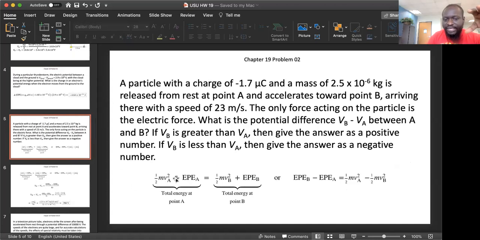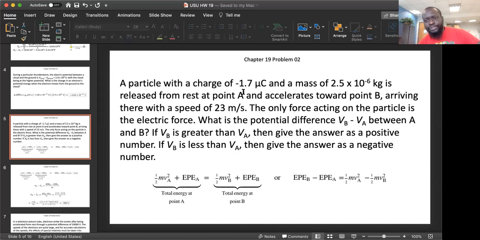So it has electric and kinetic energy here. And at B, electric and kinetic. We see at A it starts from rest, so the kinetic energy goes to 0. So if I take all the electric to one side and all the kinetic to the other side, I get this other equation.